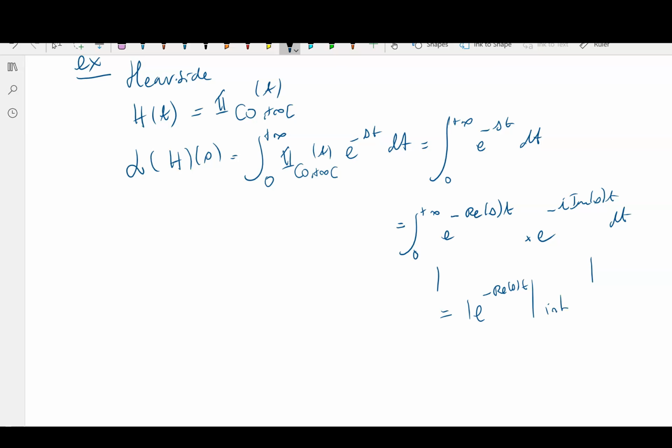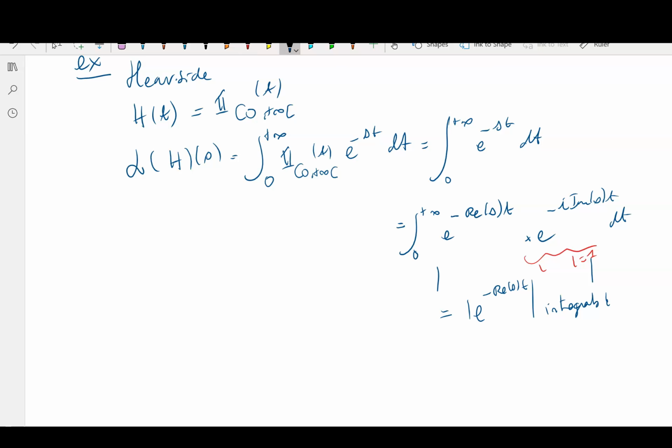I remind you, it's just because the exponential of the i stuff has modulus 1.